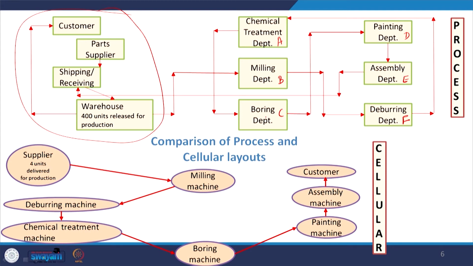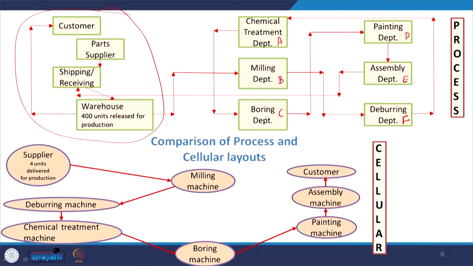Now, it may depend on what type of operations you require. These sections may be part of your movement or may not be part of your movement. So, this is a kind of process layout where these arrows will change as per the requirement of customers' orders or customers' specification.